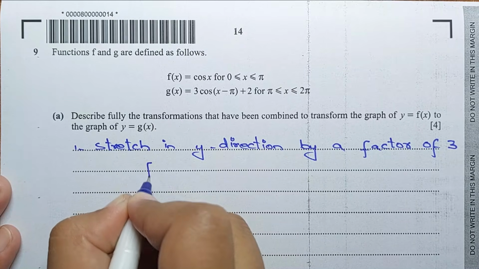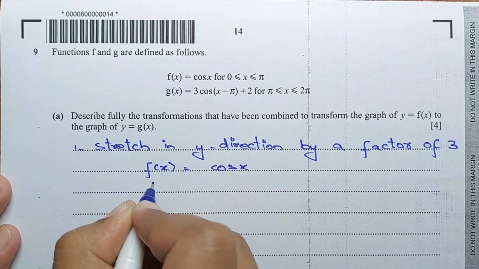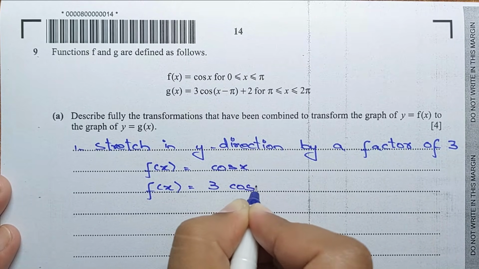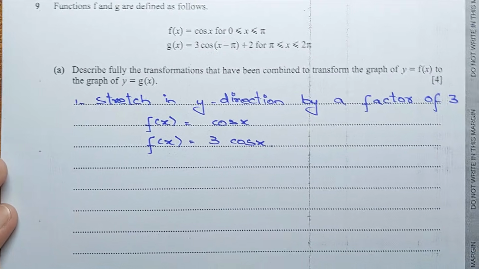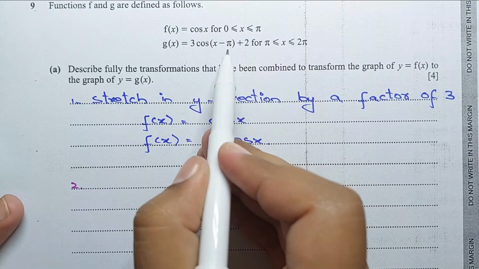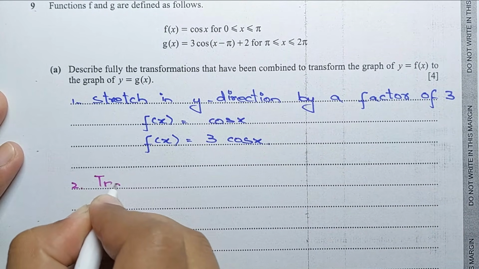So we have f of x equals cos x. Now f of x equals 3 cos x. When you have a stretch in y direction by a factor of 3, this is the first transformation. Now the second transformation, you can see we have a plus 2 and we have some pi over here. So we have a translation.